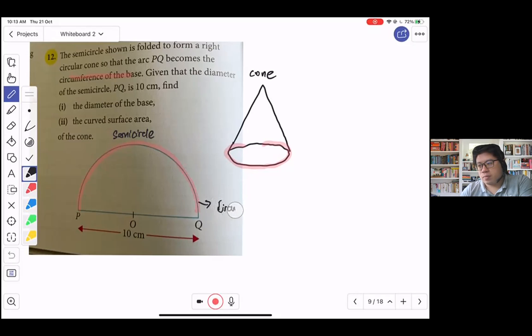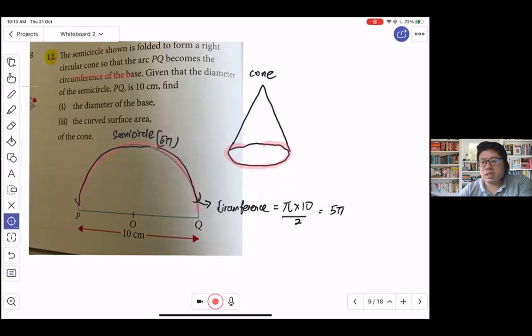So this circumference would basically be pi d divided by 2, which gives us 5 pi. So it will tell us that this entire stretch here is 5 pi. Okay, the same length also represents the circumference of the cone.